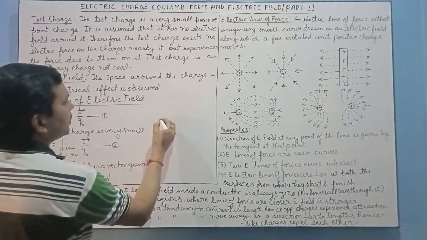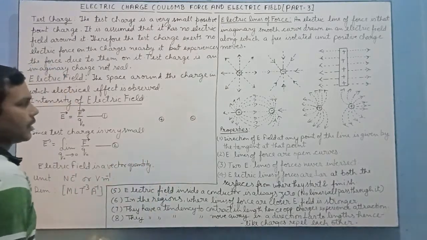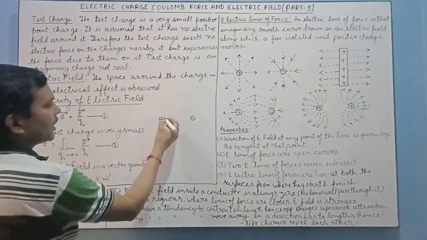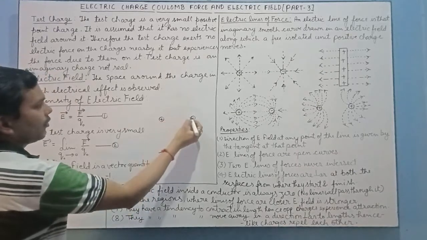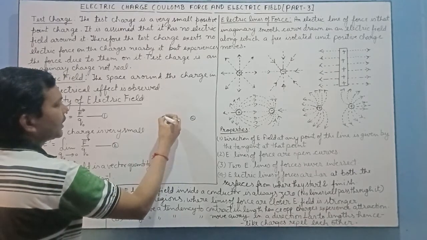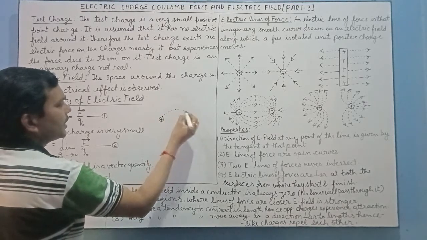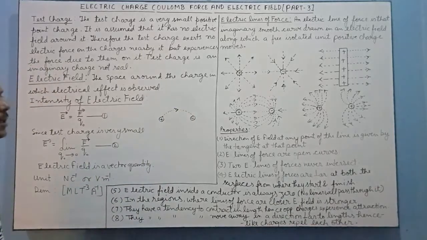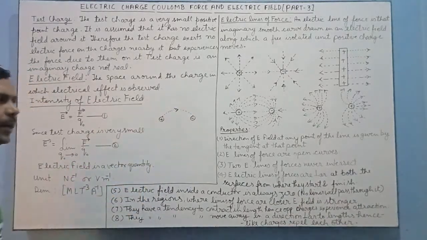Now, electric field lines are open curves. If we consider electric lines of force due to a couple of positive and negative charges, then what will happen? Electric lines of force will emerge from the positive charge and finish at the negative charge. It forms an open curve.